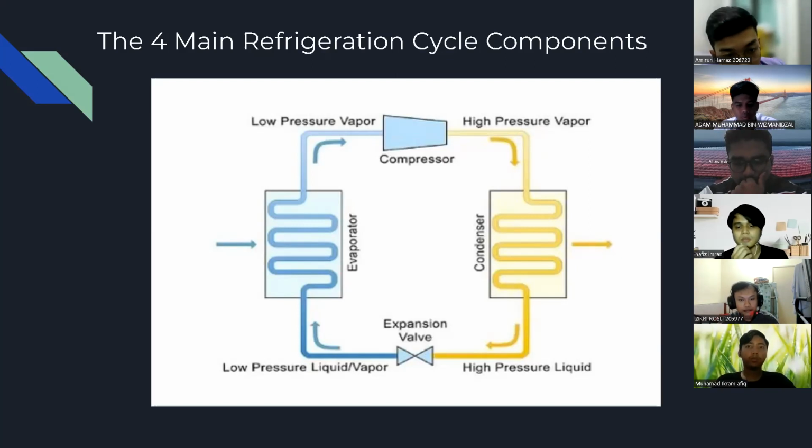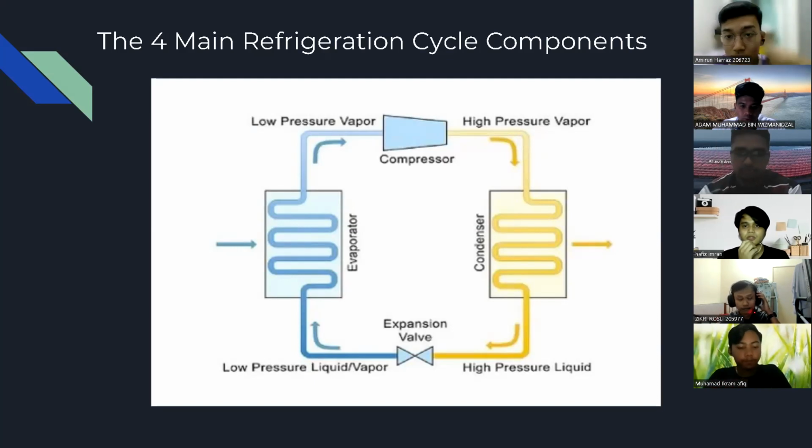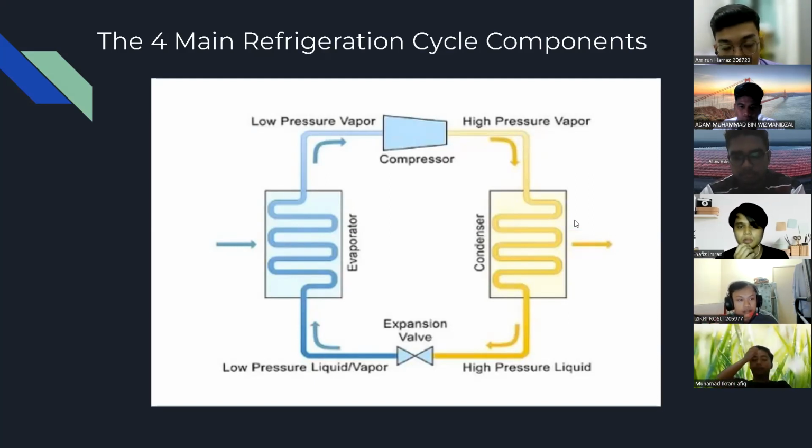And after that, the refrigerant will flow through the expansion valve, which will change the liquid phase to the vapor phase. During this phase change, the refrigerant will absorb the heat, and the evaporator will distribute the low temperature heat to maintain the low temperature inside the refrigerator. I will pass to the next presenter to continue the presentation.